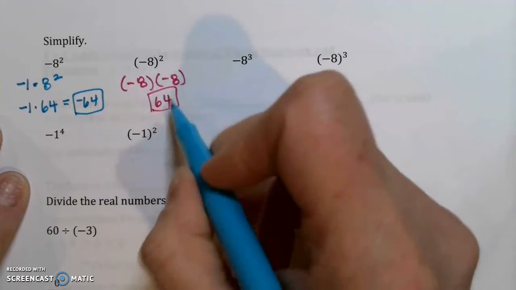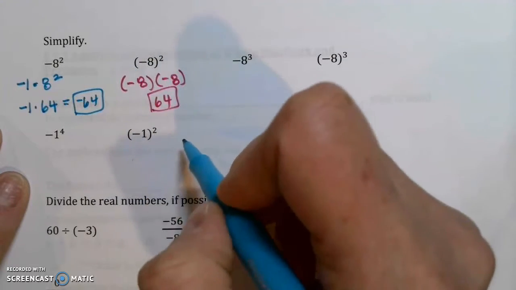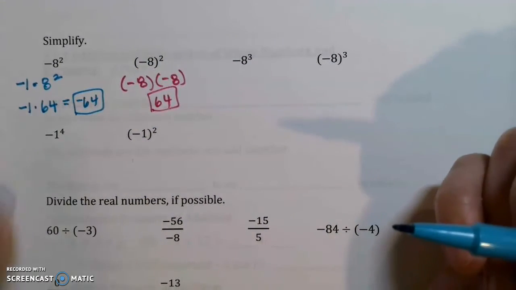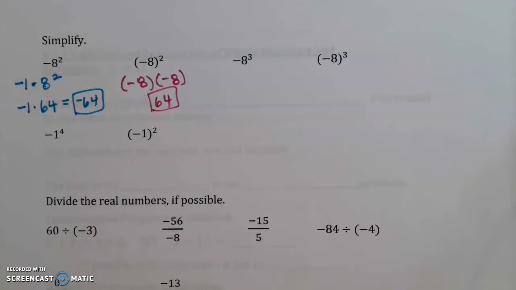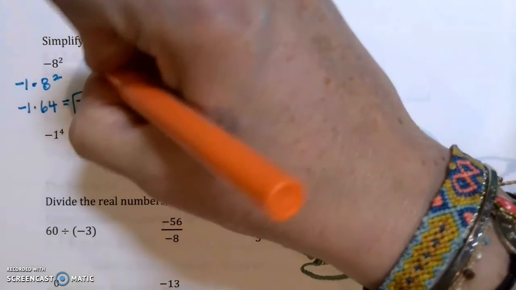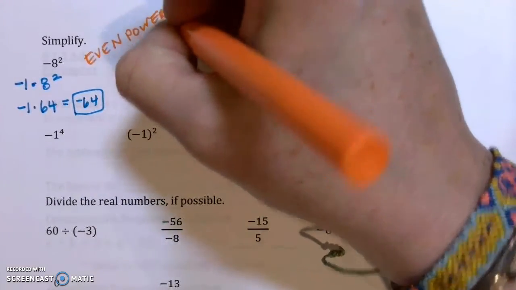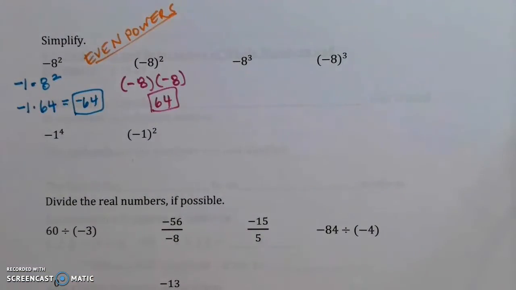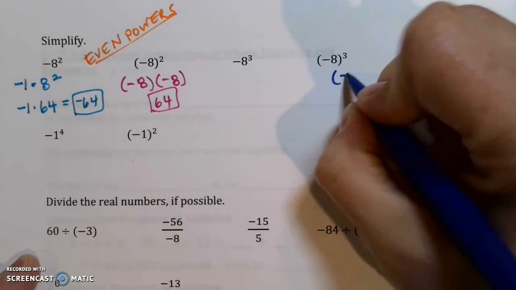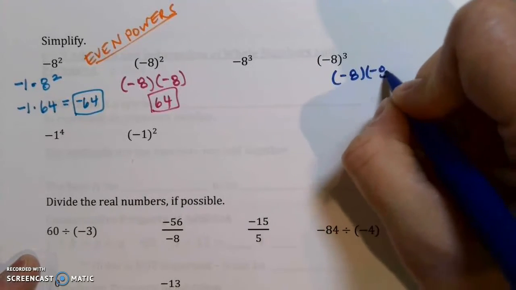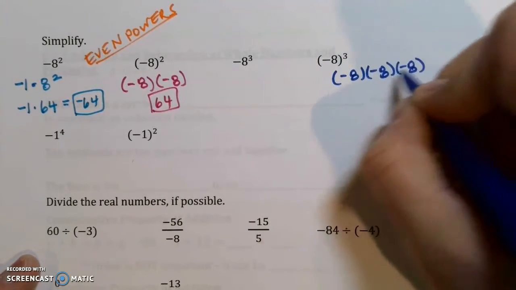So with the parentheses here around that whole thing, it ends up canceling out those negative signs and becomes a positive value. And notice it's because we have even powers here, they end up being different. If I have odd powers, like in the next two that I have, so this one would be -8 times -8 times -8.